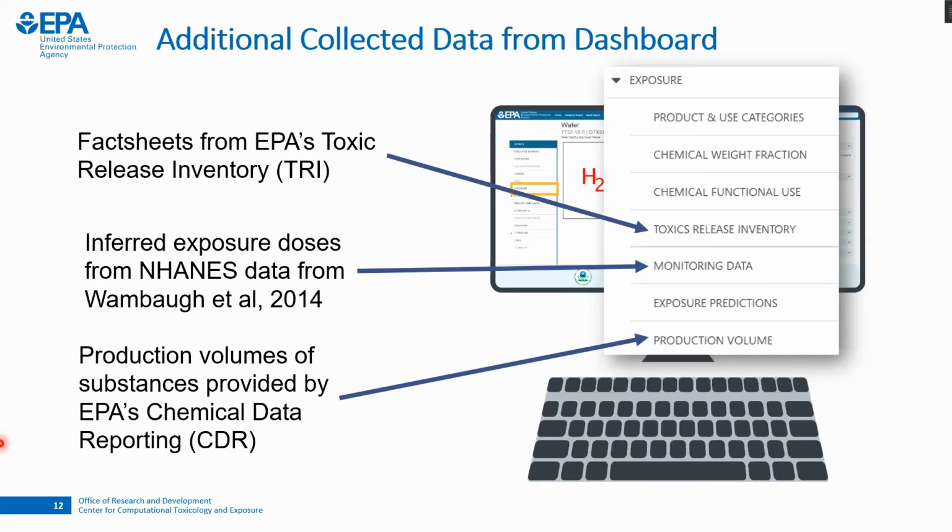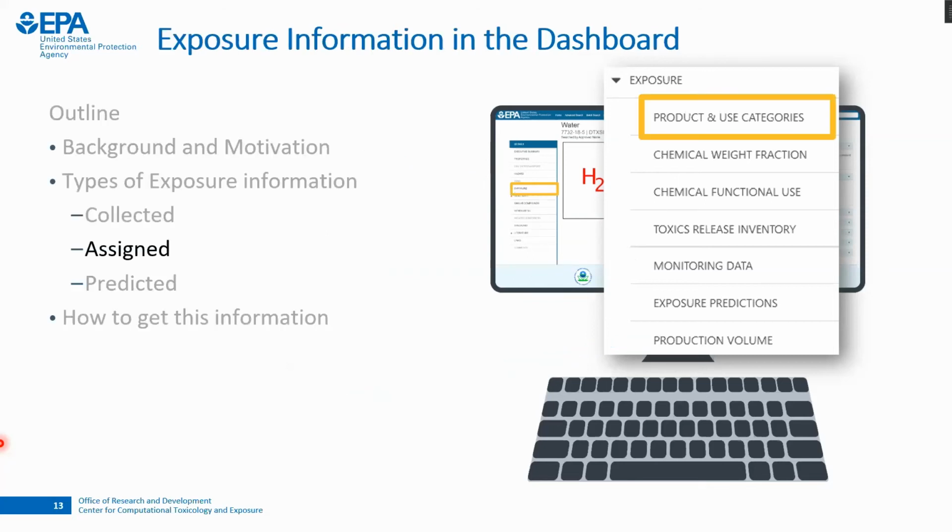They're limited by the number of chemicals they can cover, which really limits our monitoring data. We have efforts underway where we're planning on expanding that as much as we can. But don't be surprised if the majority of chemicals you look for on the dashboard don't have NHANES data, unless you're just looking at NHANES chemicals. So that wraps up collected.